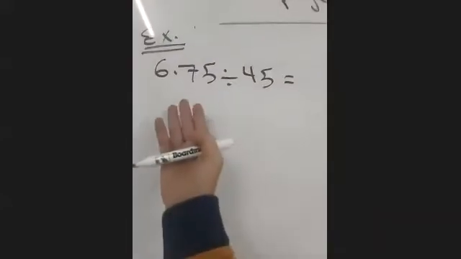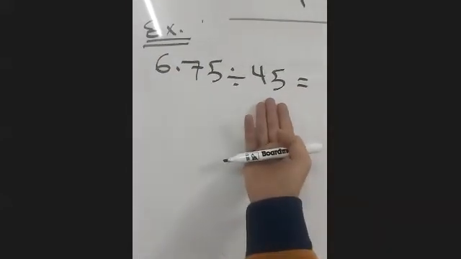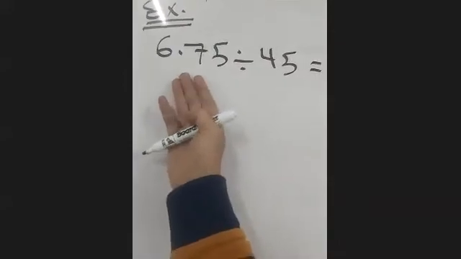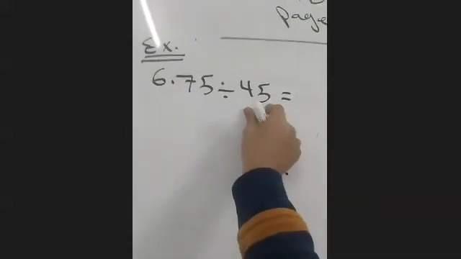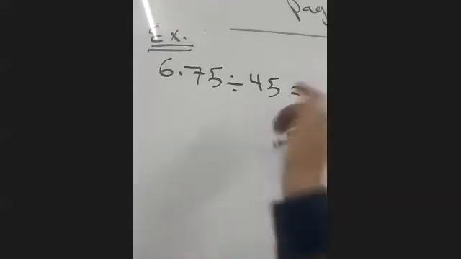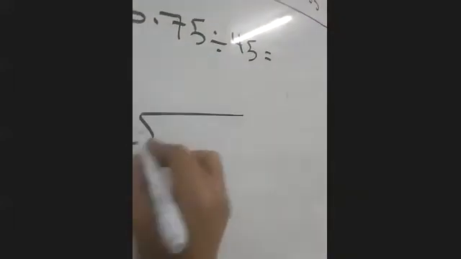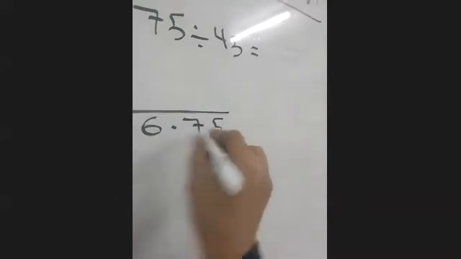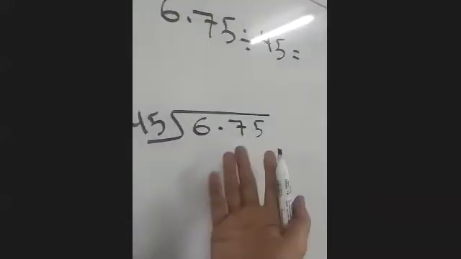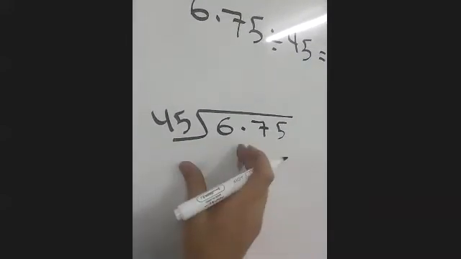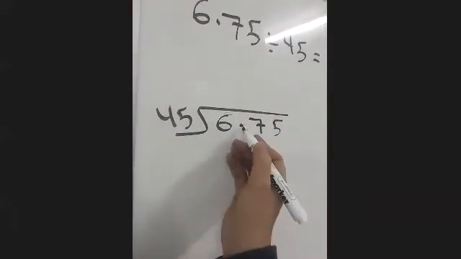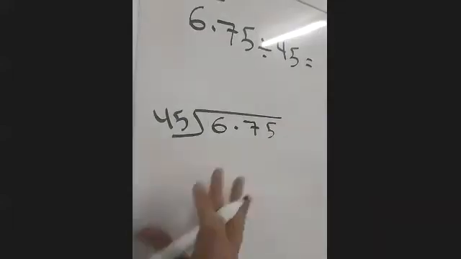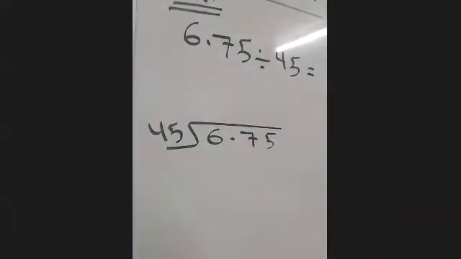This is a decimal, and this has no decimal, so we call it a whole number. Yesterday, we divided by a whole number. We said we can make long division, 6.75, and here 45, and we do normal steps, but once we get the decimal, we put it in the quotient. This is the work of yesterday.